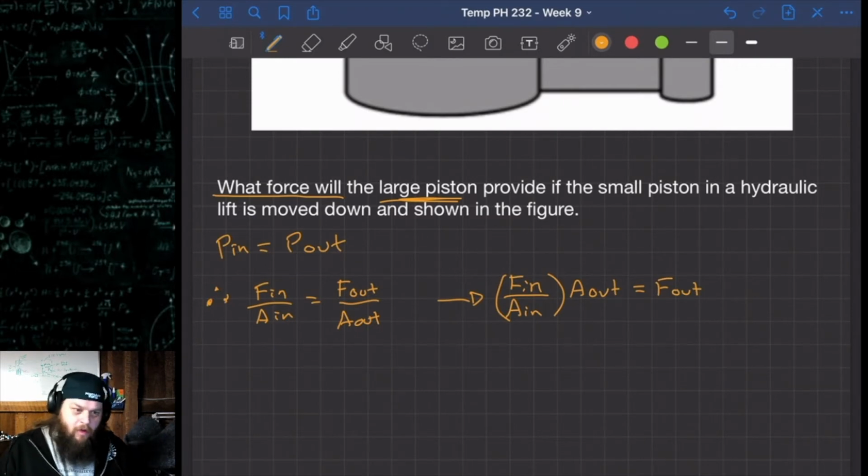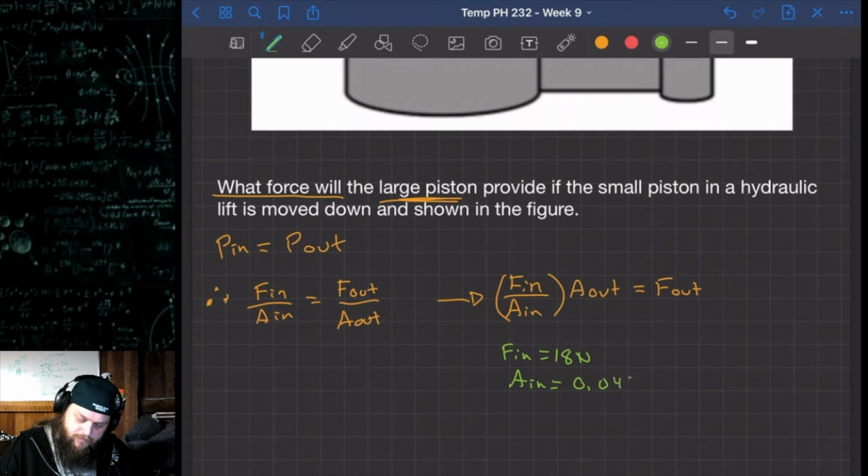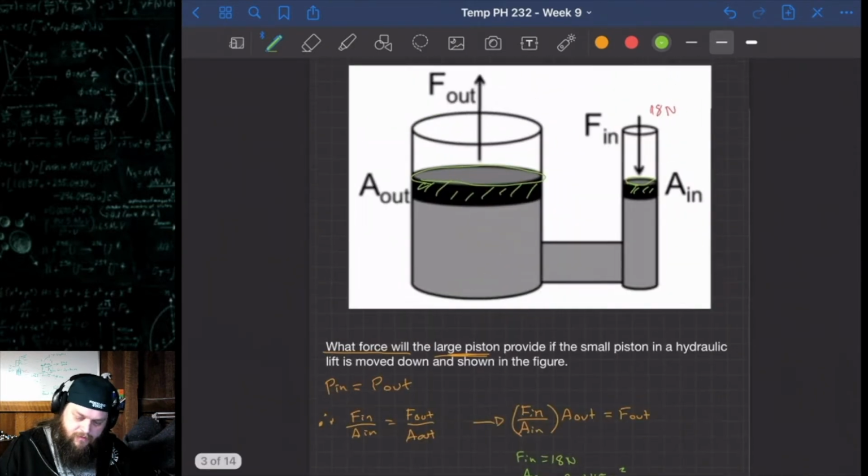So we know that the force in, I'll write it in green, is equal to 18 newtons. The area in is equal to 0.45 meters squared, and the area out, they said, was 3 meters squared. Did I get that right?